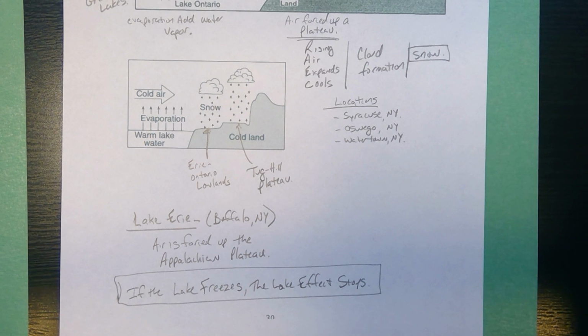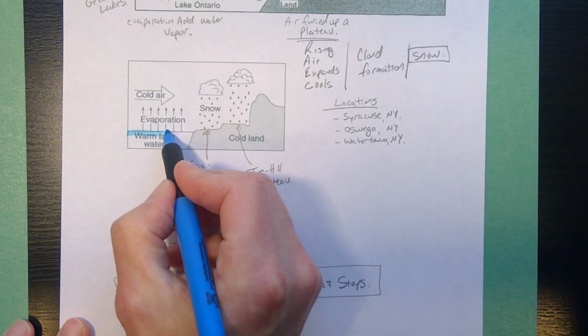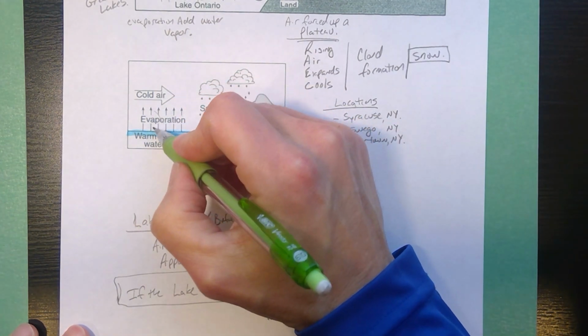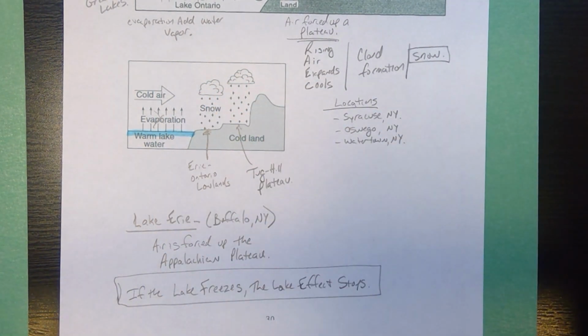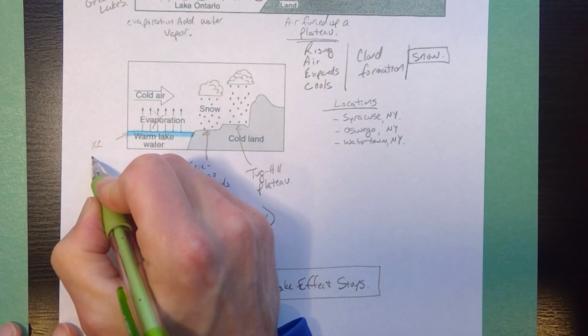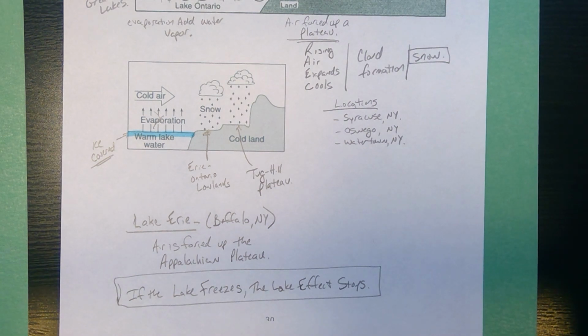If we just looked at this model, and you can imagine ice forming over here, once this completely ices over, that means that the evaporation is going to stop and you're not going to get as much snow. So if this is ice covered, maybe late January into February, the Great Lakes completely freeze over, that's essentially going to cut off or shut down your lake effect snow.